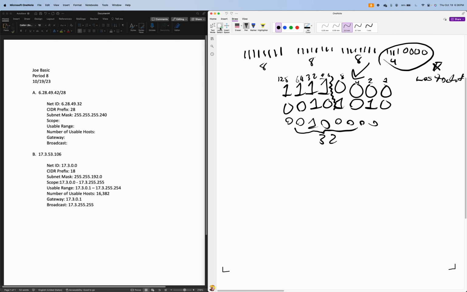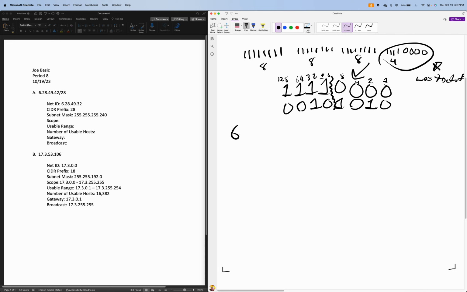Now we're going to find the scope. After I delete all this. Now the scope is pretty simple, but you have to pay attention. So what we're going to do here is get the number that we had for our net ID, and that'll be our first one.